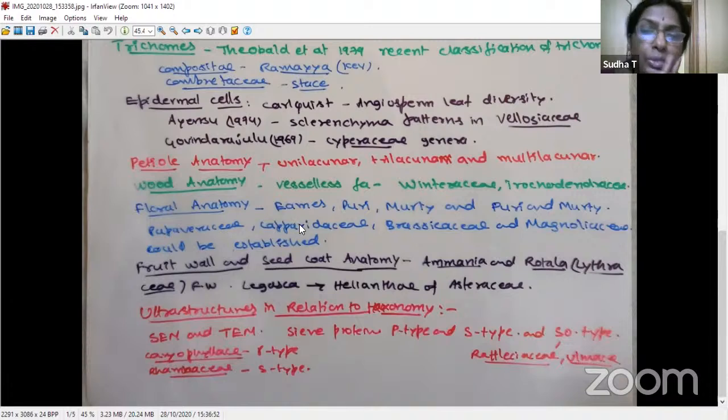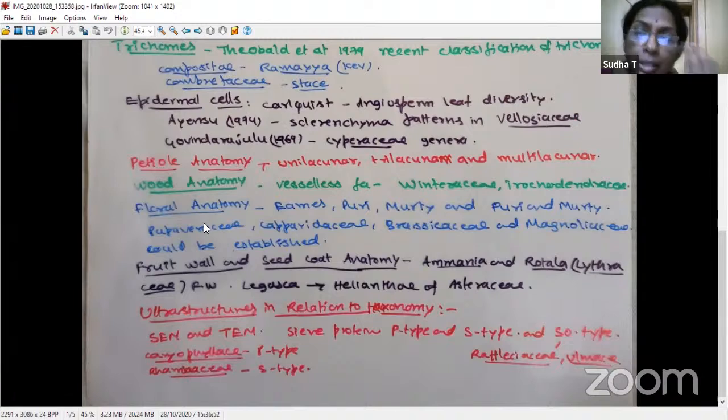Similarly, floral anatomy. Eames and Puri, Murthy and Puri are a few scientists who worked on floral anatomy. The flower is a much more complex structure, is it not? As I told you, the flower is considered a modified shoot apex. Instead of developing leaves, the shoot apex developed as a flower.